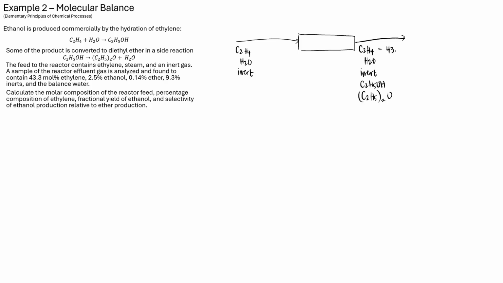This is 43.3%, 2.5% ethanol, 0.14% ether, 9.3% inerts, and the balance water, which is 44.76. So these are in moles. Let's set our basis. Basis 100 mole of P.